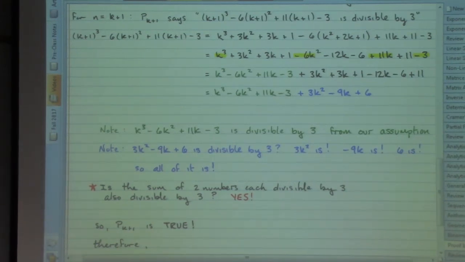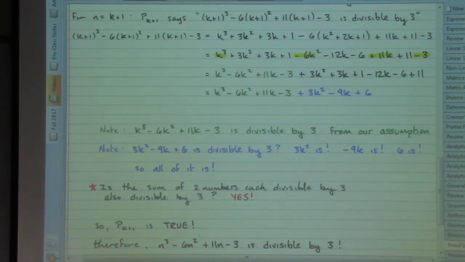So that means that overall, that statement that was originally made, n to the power of 3 minus 6n squared plus 11n minus 3 is divisible by 3. Happy exclamation point.